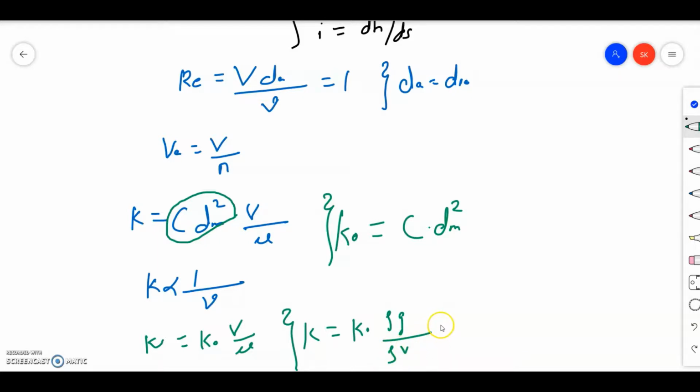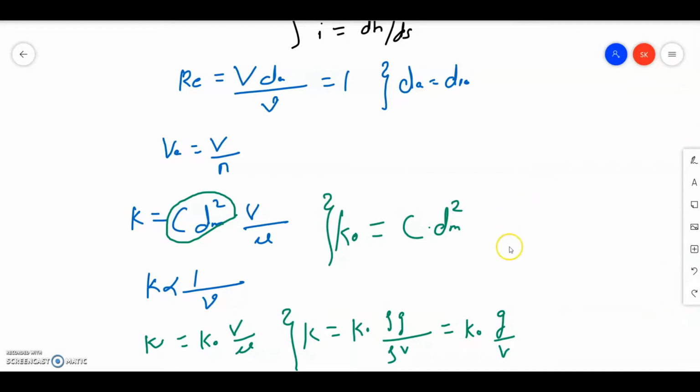So finally we get the relation that coefficient of permeability is equal to intrinsic permeability into g by v. So this is also another way through which we can find out the permeability.